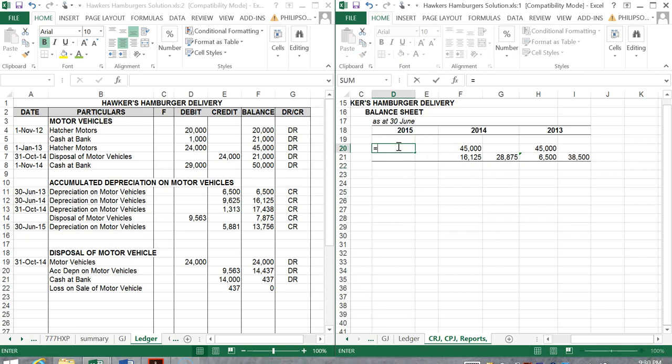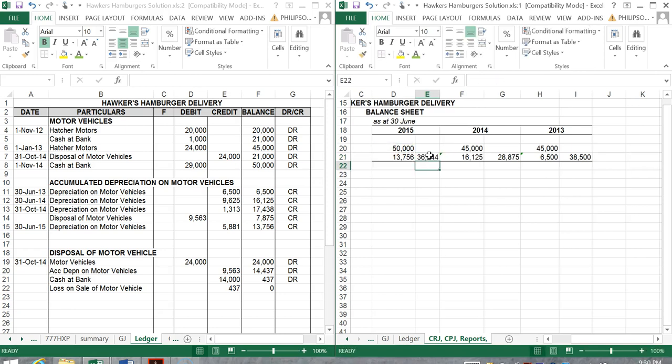And 2015 is after this one here, so this is our balance. 30th of June 2015 is here. Equals 50 minus 13,36,244.